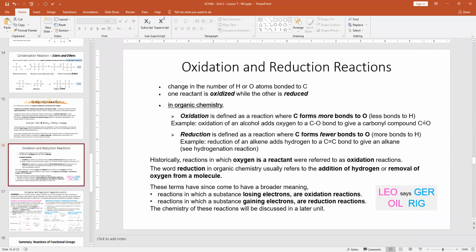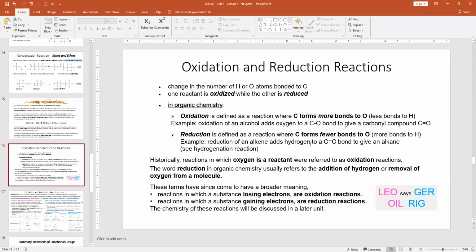That's oxidation. Reduction is defined as a reaction where your carbon forms fewer bonds to oxygen and more bonds to hydrogen. For example, you can have reduction of an alkene. Reduction of an alkene adds hydrogen.